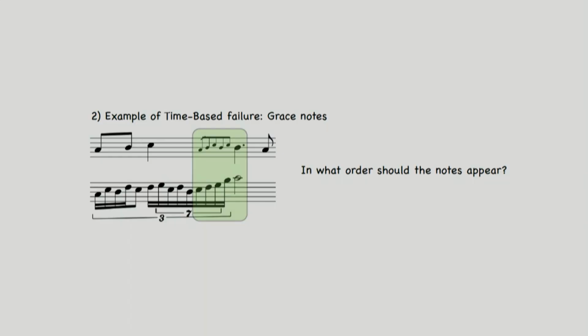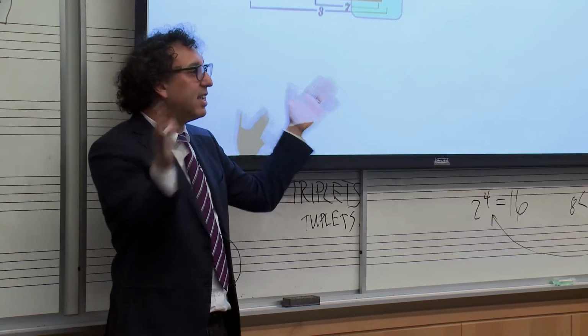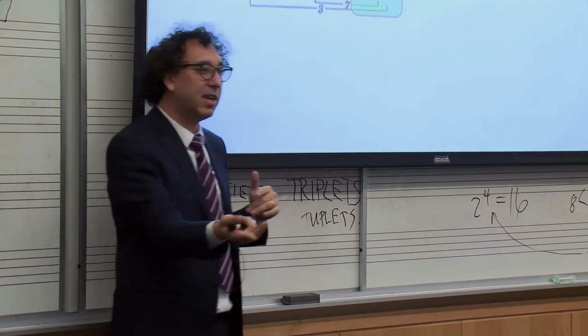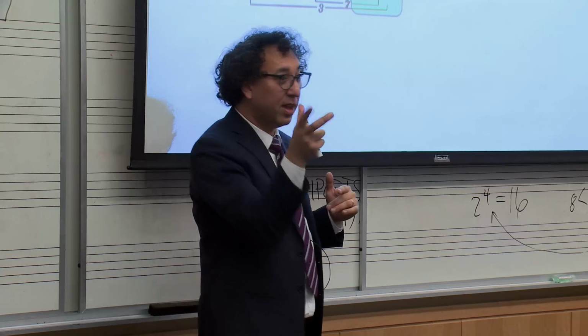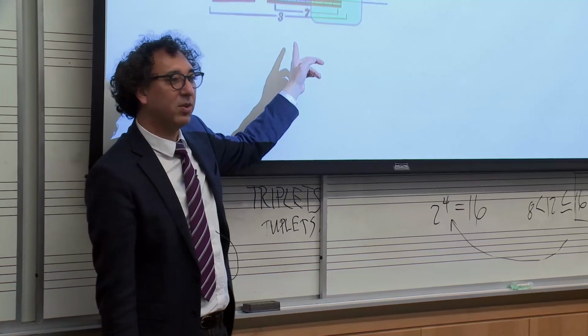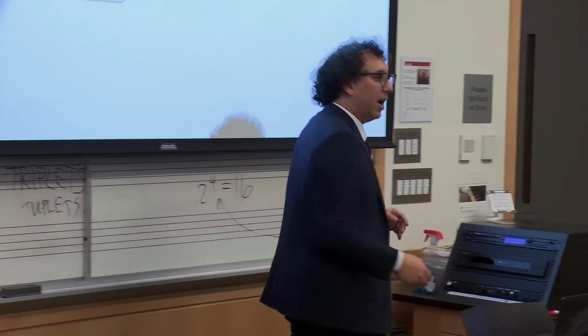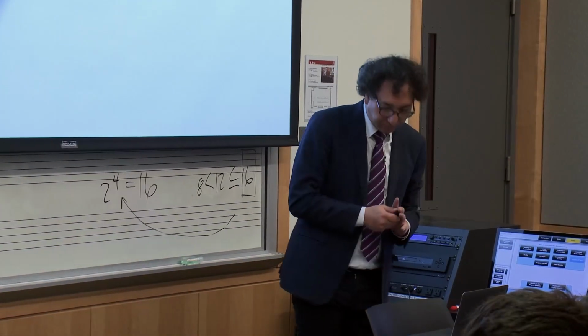Here's one of the problems that we were talking about earlier with a time-based system: grace notes, which take up no number of ticks in the time signature, but of course take up time to play and take up space on the page. Are they engraved? They end up being one of the great problems of the time method.